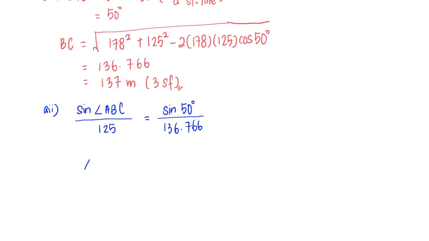And from here, I can then multiply 125 on both sides before finding the sine inverse of this, multiplying by 125.